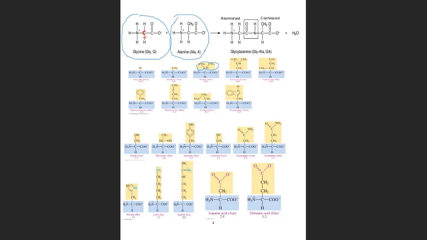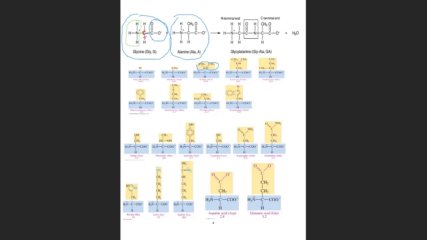In green, the alpha carbon is bonded to the ammonium group, NH3+. And it is also bonded, in blue, to a carboxylate group, COO minus. And the alpha carbon is also bonded to a hydrogen.